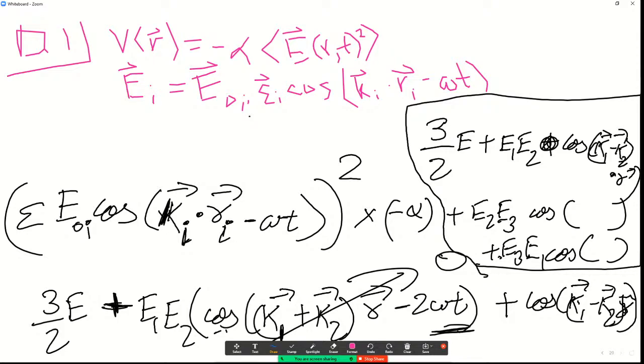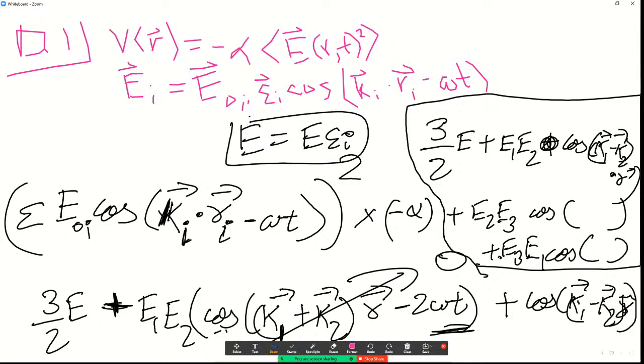Yeah, okay, then it should be good. But we are also getting an additional 3 by 2 E. And here E is E into epsilon i. So we have to substitute back.